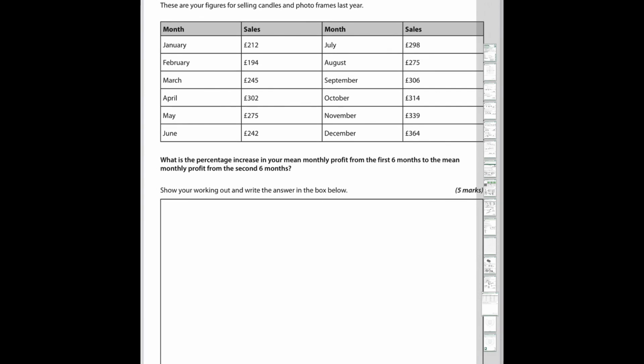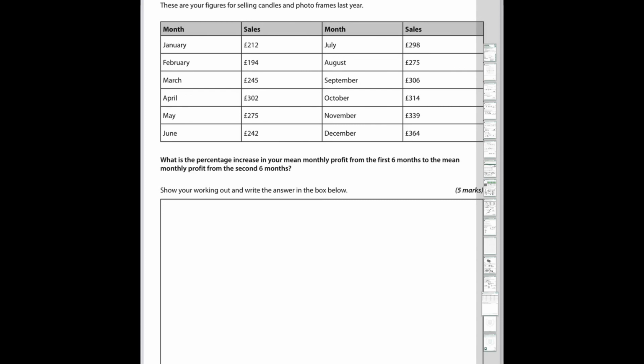Last one. Question 16. These are your figures for selling candles and photo frames that year. What is the percentage increase in your mean monthly profit from the first 6 months to the second 6 months? Okay, so what we need to do is work out the mean for the first 6 months, work out the mean for the second, and then we'll go back and work out the rest afterwards.